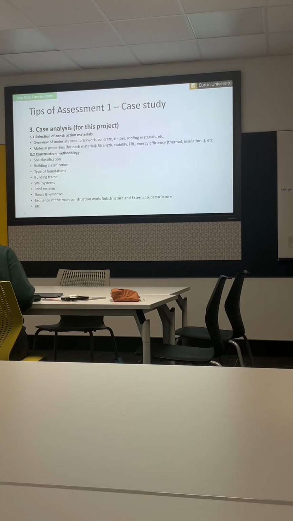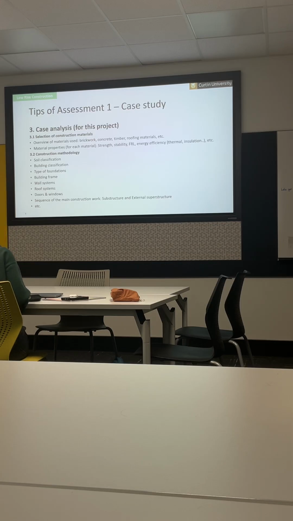Then in the next subsection, you could discuss the construction methodology upon the selection of your materials. Here is the structure that you can use for the construction methodology subsection.